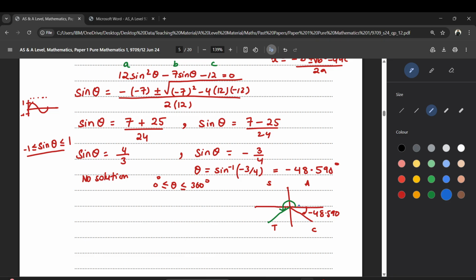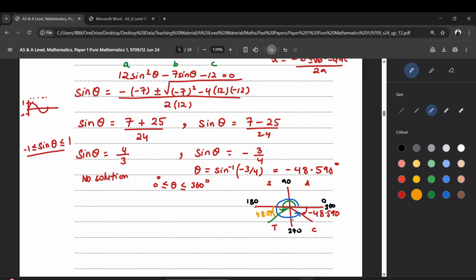The second angle that we need to find is going to be this one. All right. Okay, now we know that this is 0, this is 90, and this is 180, 270, and then finally 360. So this angle is 48, right? This angle is also 48. This is also 48.59.